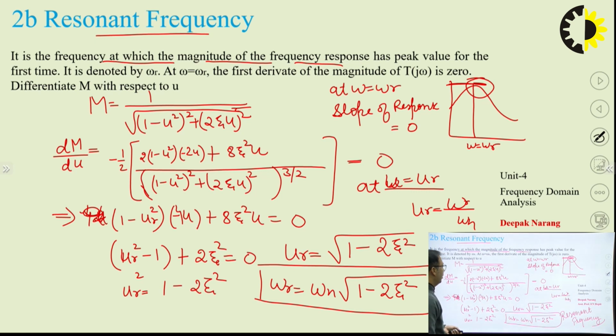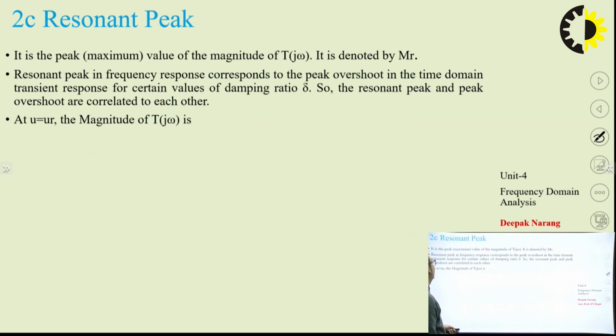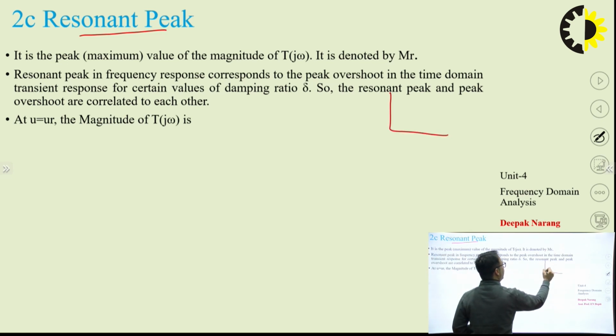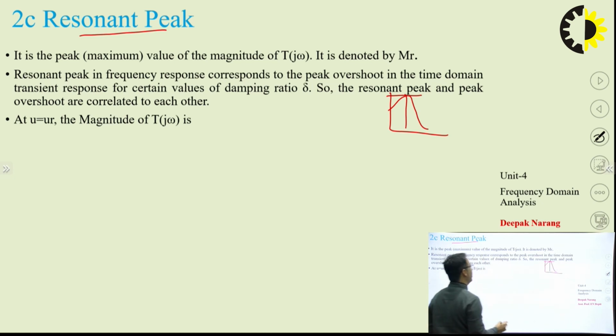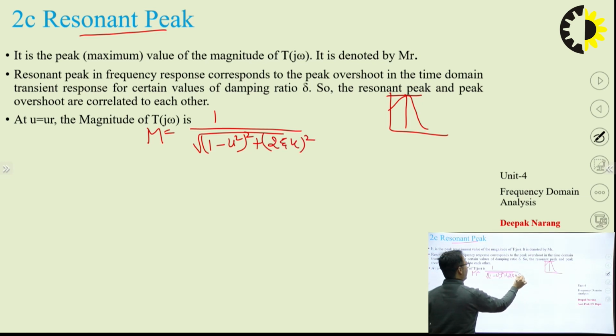Okay. Now next is resonant peak. So how to obtain resonant peak? Obviously this is the maximum magnitude at this frequency. As we know, M is equal to 1 upon square root of 1 minus u square whole square plus 2 zeta u whole square.